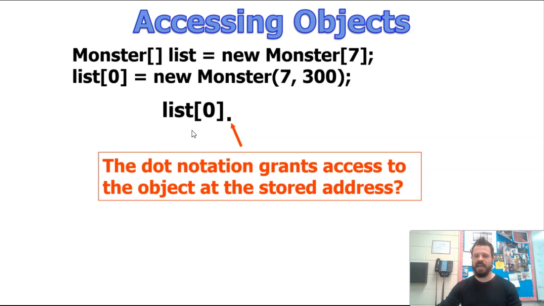So if I want to get access to the monster stored at list space 0, we'd say list 0, referring to the monster there, dot, and then I can call my different methods such as grow. I could use my getters, my setters, all that different stuff. So just like I had an object with a reference variable, we can use the list at the index dot method to refer to it.